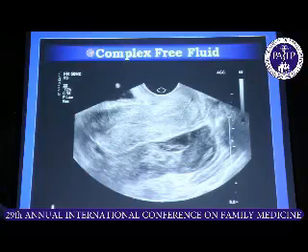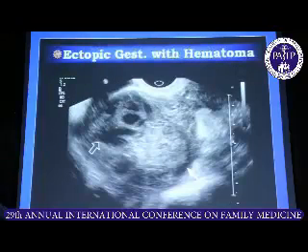Otherwise you can say there is a fluid/blood in the cul-de-sac. But if you see this echogenic fluid with debris, that's a sure sign that patient has a ruptured ectopic. And this is a ectopic with hematoma formation.